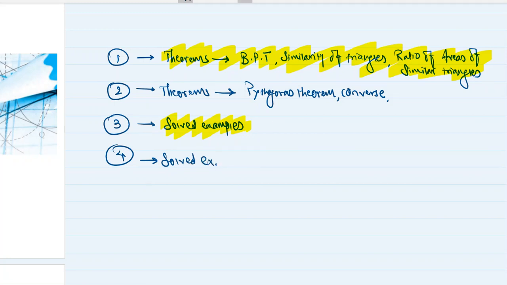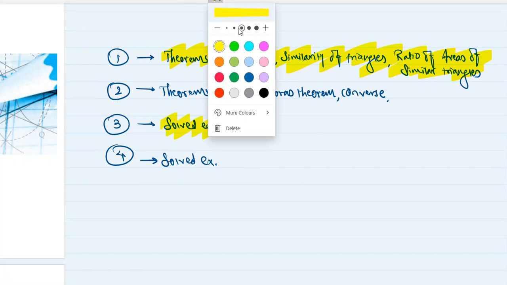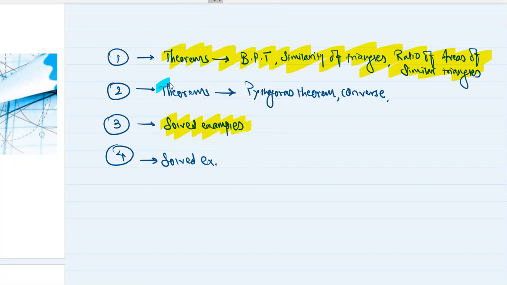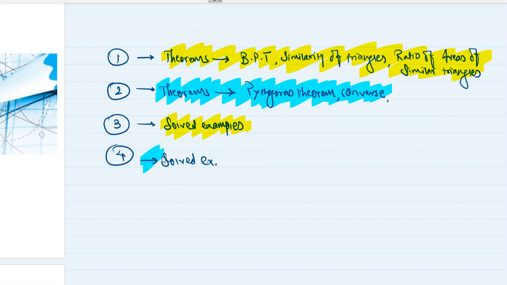From the Pythagoras part only. So the examples based on Pythagoras theorem, its converse and more results will be done in the fourth part.